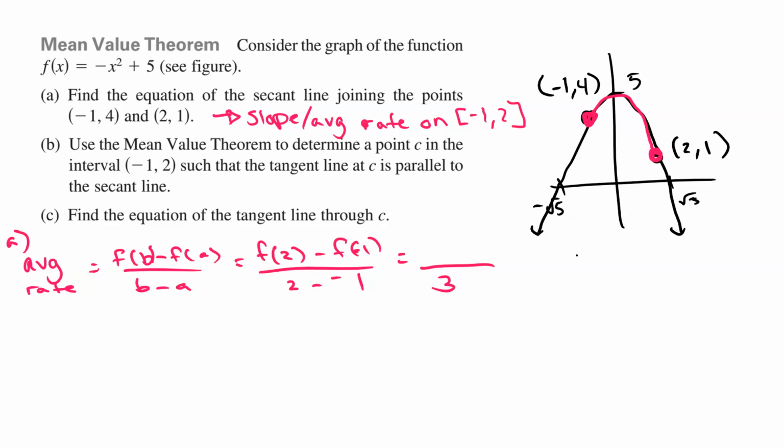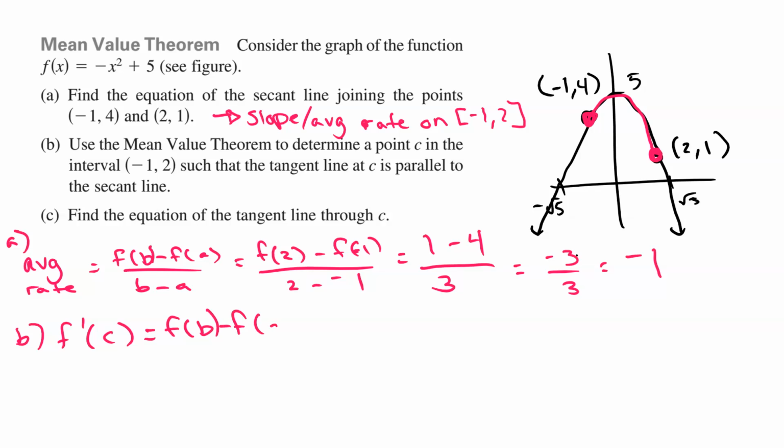And we're given our f's, so we've got 1 minus 4, negative 3 divided by 3, or negative 1. All right. Mean value theorem says that our derivative at some point c is equal to our average rate of change on that interval, as long as we're differentiable and continuous everywhere on that interval.